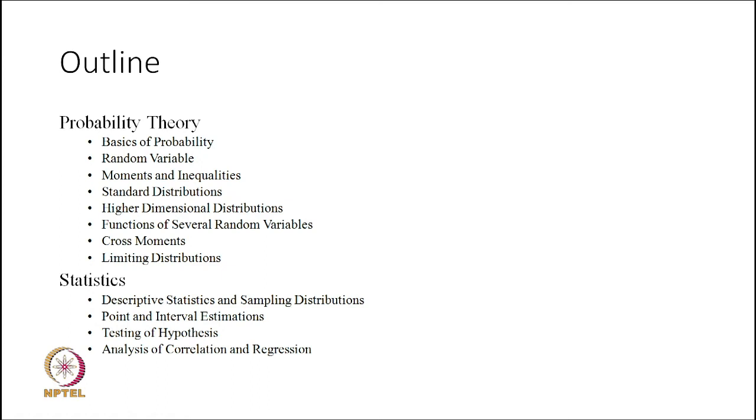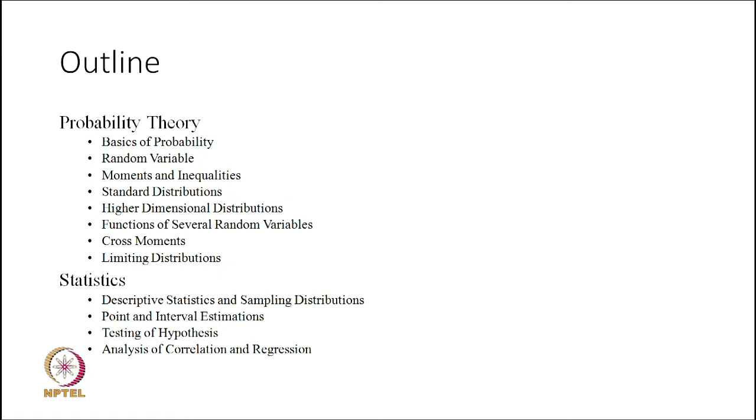This is the introductory level course both on probability theory and statistics, because you can always have an advanced probability theory course. Even one can have a course on limiting theorems and so on. Similarly, in statistics also, even though we made it as 4 modules, each topic can be a separate course.